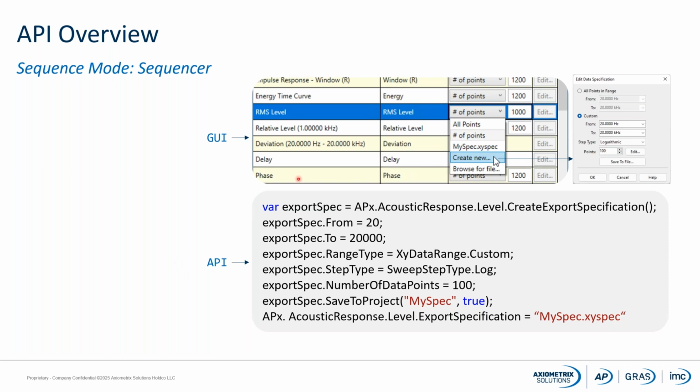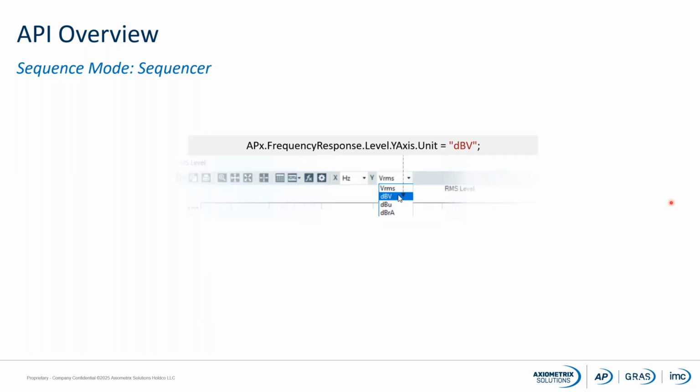And so I've included some example code for that here, so you can refer back to this later. Units are picked up directly from the graph. So if you want to change the unit in the sequence results, you'll need to use the measurement APIs to first select the correct unit.